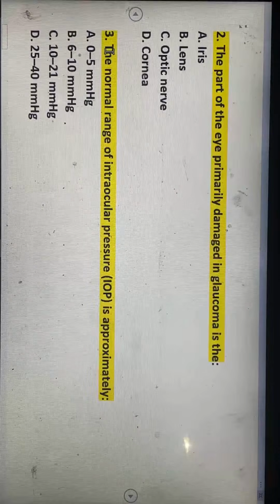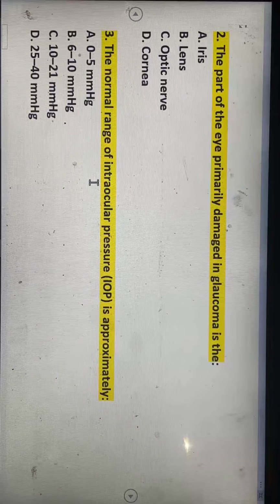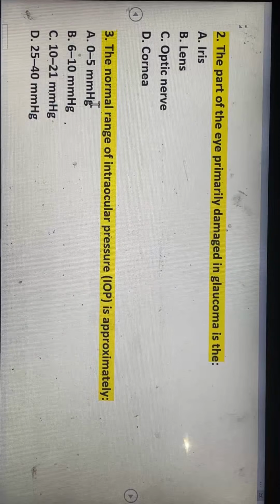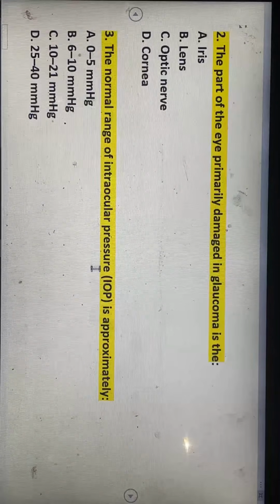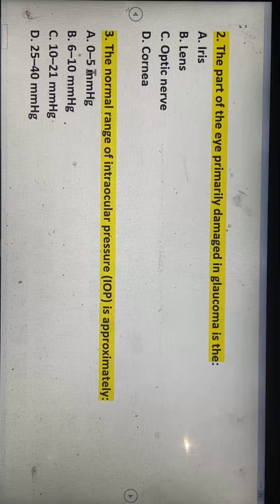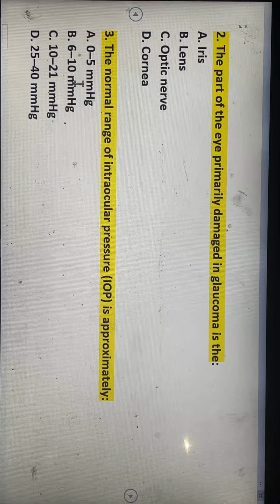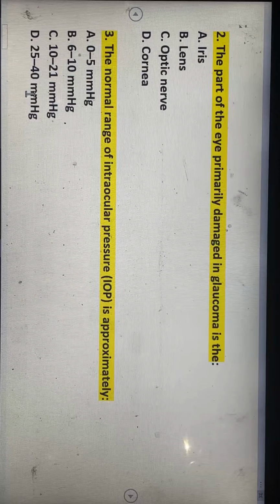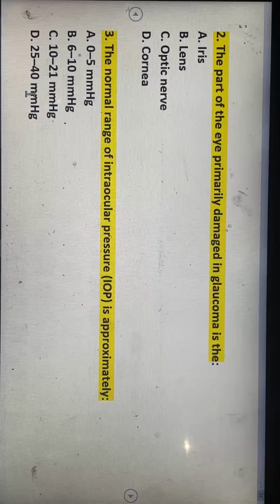Number three, the normal range of intraocular pressure is approximately what? A, 0 to 5, B, 6 to 10, C, 10 to 21, D, 25 to 40. So drop your answer.